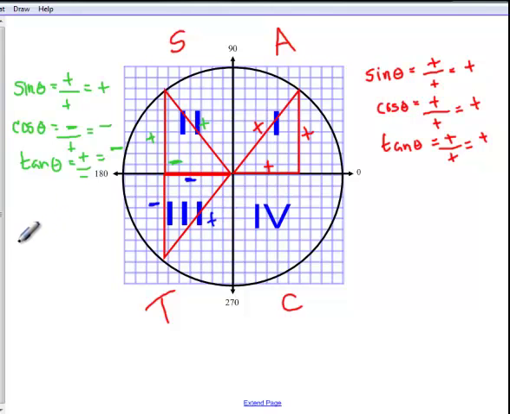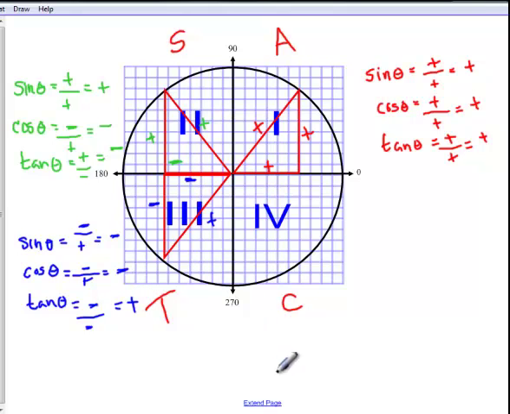So if I ran through all my sine, cosine, and tangent again, the sine is the opposite side over the hypotenuse, so that's negative. The cosine is the adjacent side over the hypotenuse, so that's negative. And the tangent is a negative value over a negative value, opposite over adjacent, so that gets me positive.